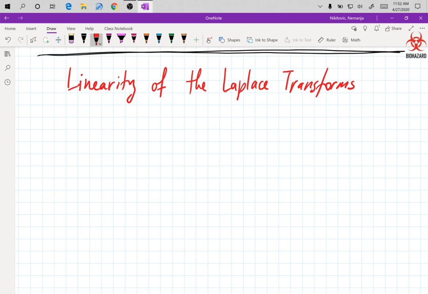It's amazing. Anyway, what is the linearity formula? It simply says that the Laplace of a f of t plus b g of t, if I have two functions that are added, is going to be the sum of separate Laplace transforms.